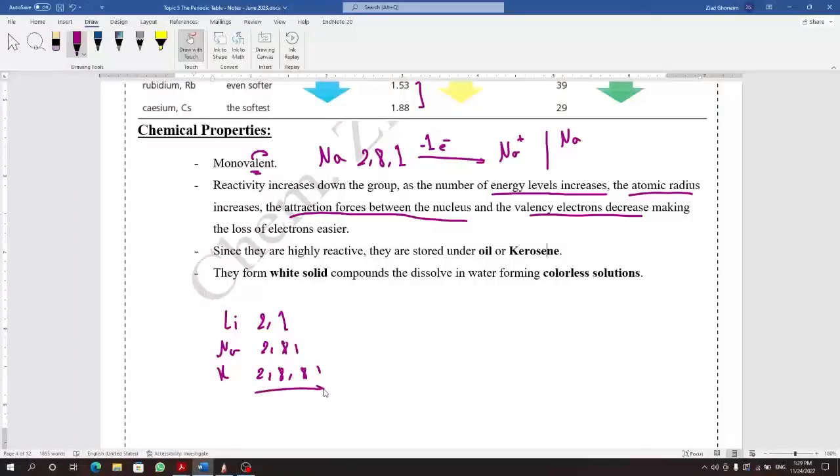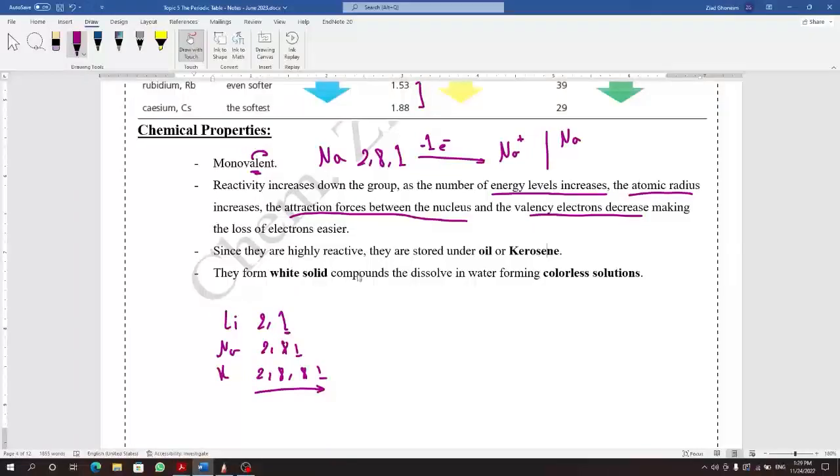The distance between the nucleus and the last energy shell keeps increasing. So the attraction forces between that nucleus and that very far electron keep getting weaker, which means that losing that electron is much, much easier as we go down the group.